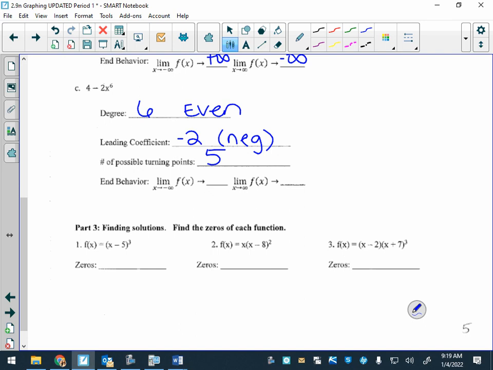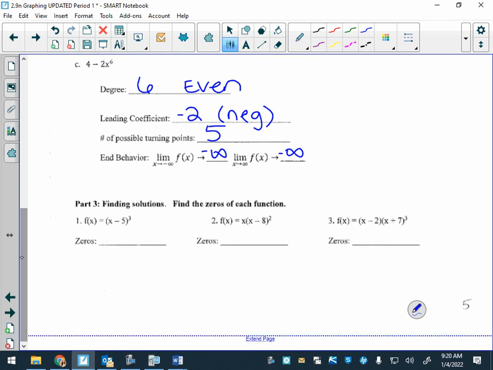Okay. Line or a parabola? Yeah. Parabola. And is it both arrows pointing up or both arrows pointing down? Good. Good. Negative. Good. All right.